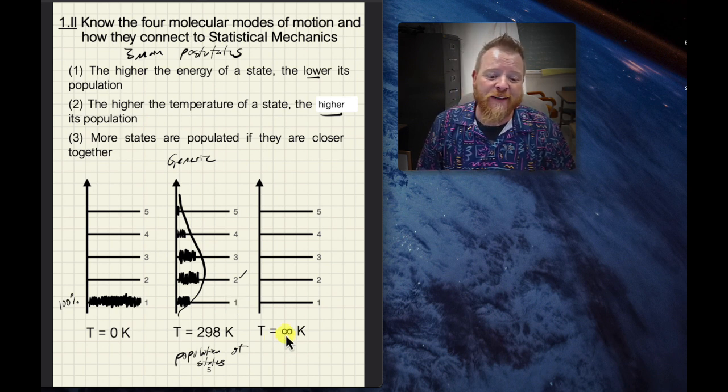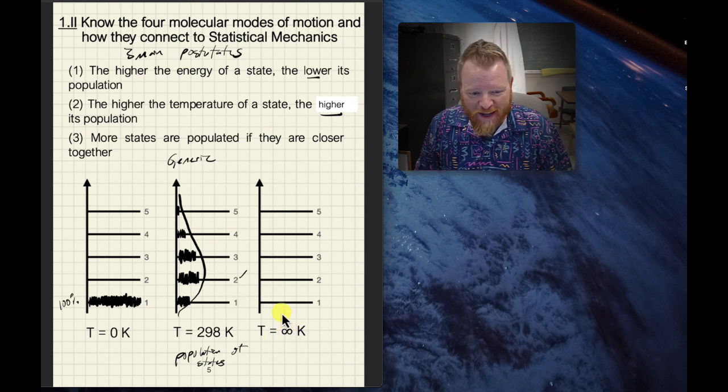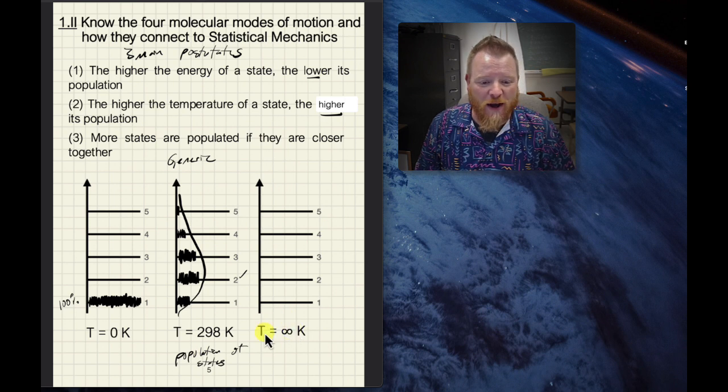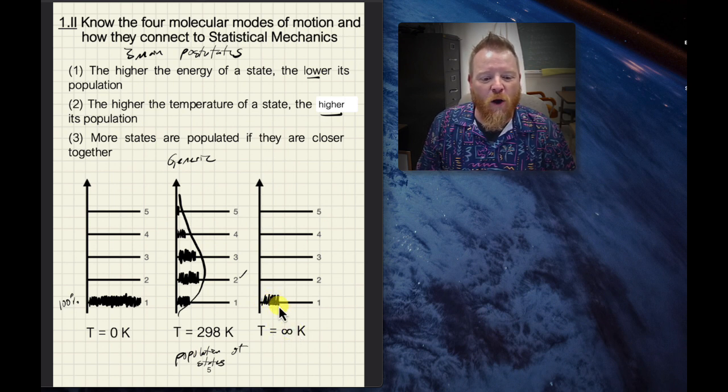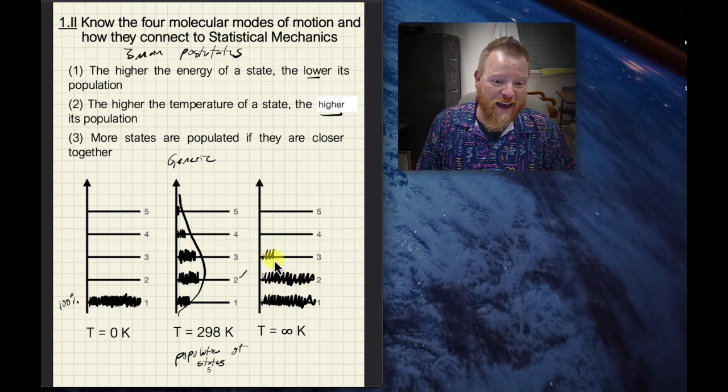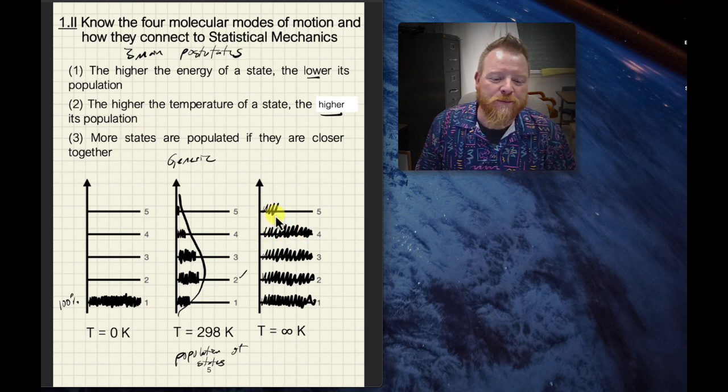And if we could achieve such a thing as infinite Kelvin, if such a thing were possible, then technically all of our states would be simultaneously populated at the same level. Again, that is why this would not be totally feasible.